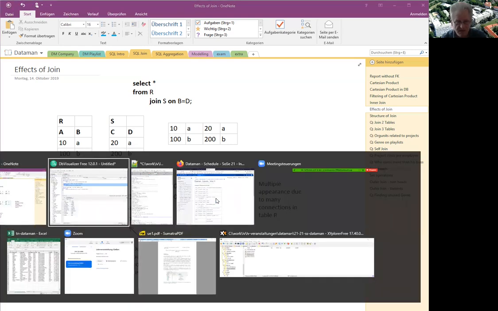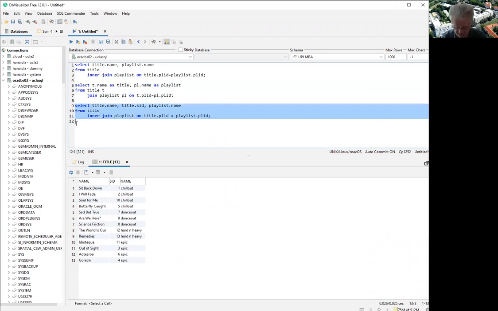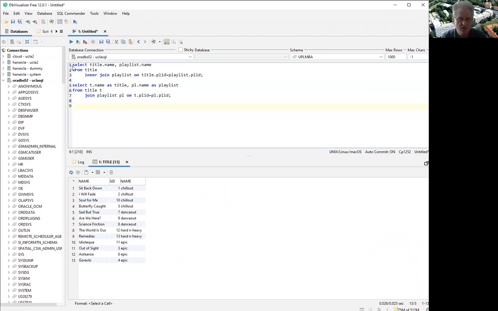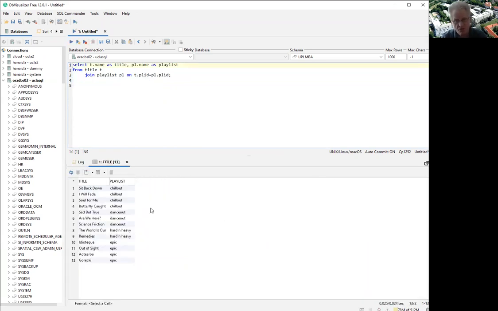And if we look back here at our example, and let's stick here to the best one, this one here. You also see here, since the playlist table is connected 1, 2, 3, 4 times, the chill out record is connected 4 times with the title table.